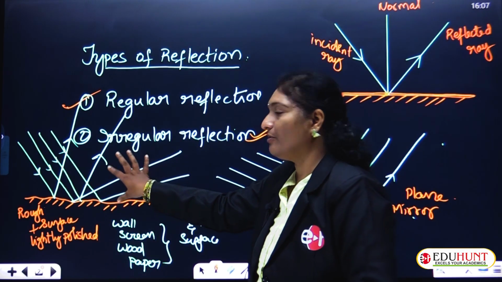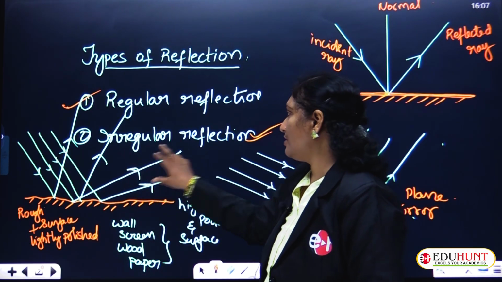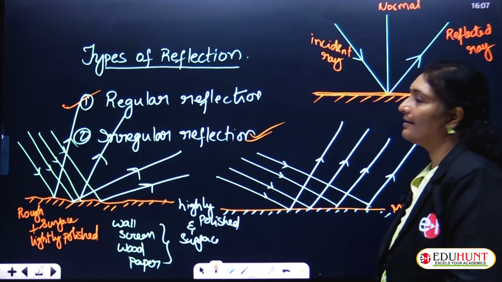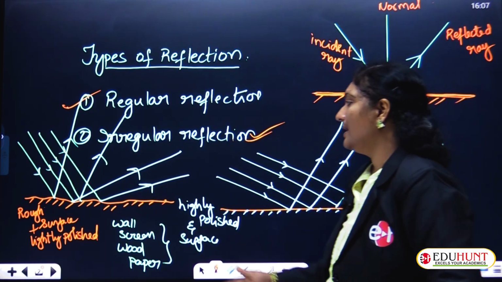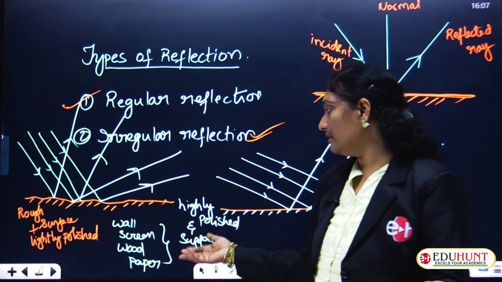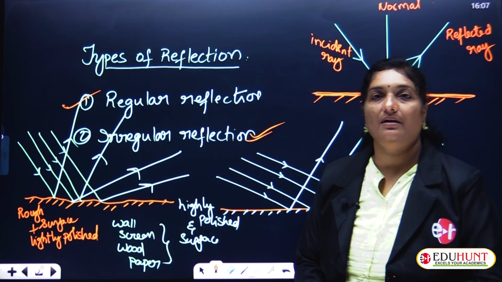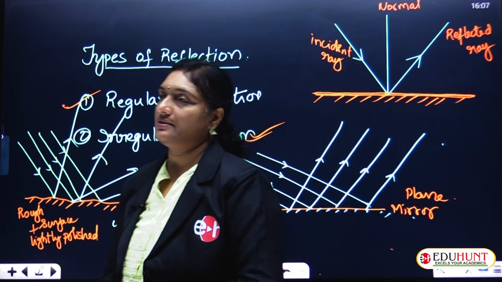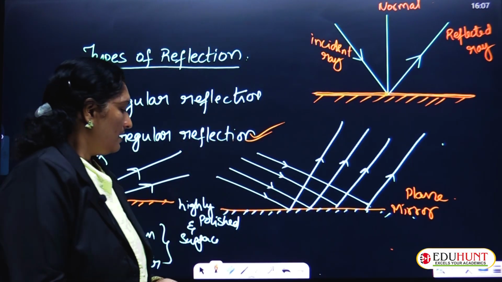This type of reflection of light is called irregular reflection. Examples for this are a wall, a movie screen, wood, a piece of paper or cardboard, cloth, etc. Got it, children?